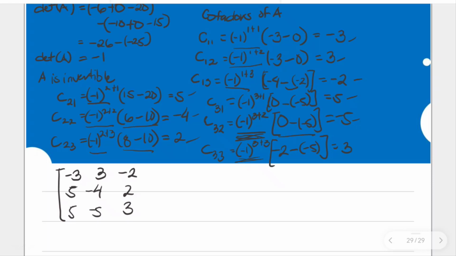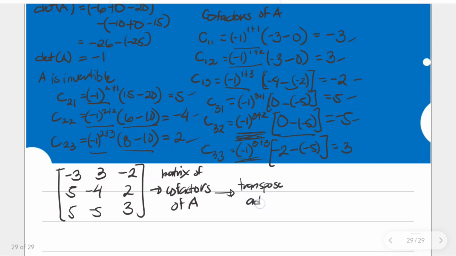These are your entries for the matrix of cofactors of A. If we are going to get its transpose, this is what you call the adjoint of A. So the transpose of the matrix of cofactors of A.